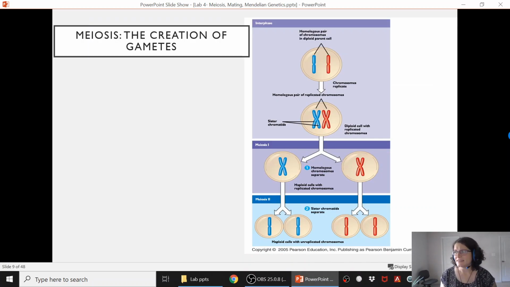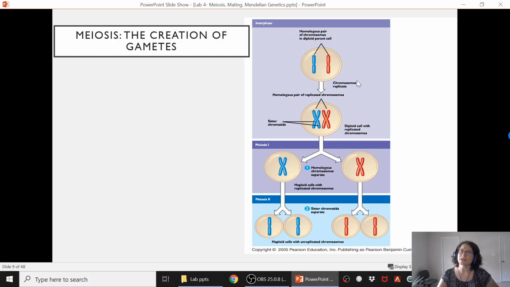But there's a different kind of division that's important for understanding how gametes are formed and how inheritance works, okay?